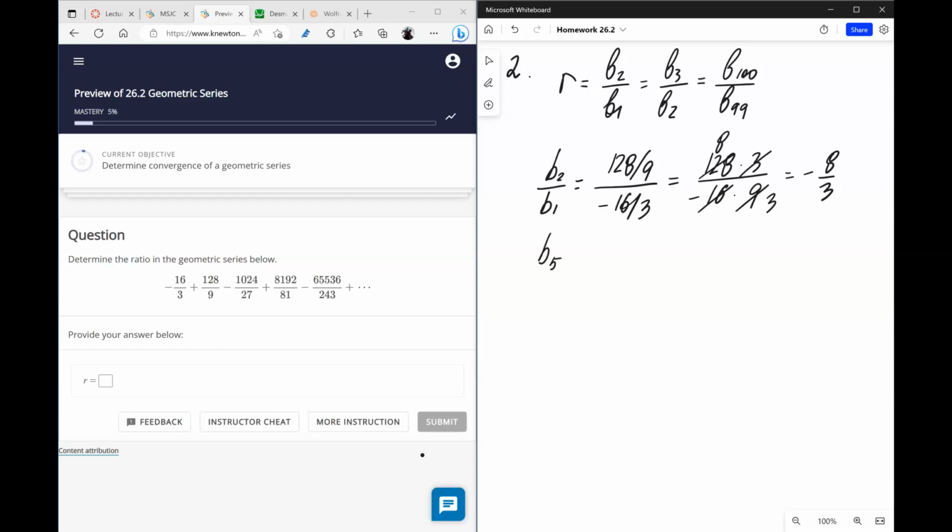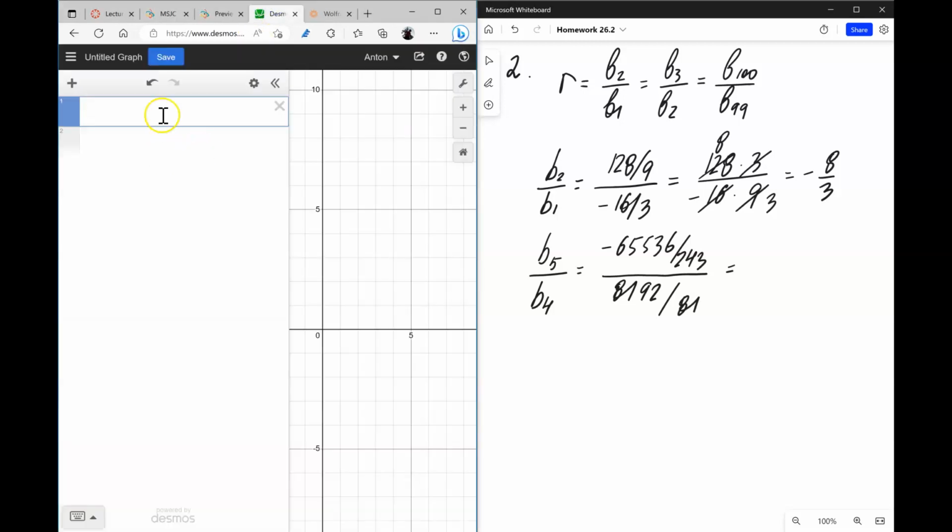Now let's take b5. I'll use technology. b5 over b4: 65536 divided by 243, and all that divided by b4, 8192 divided by 81, and I'll just put this in Desmos.